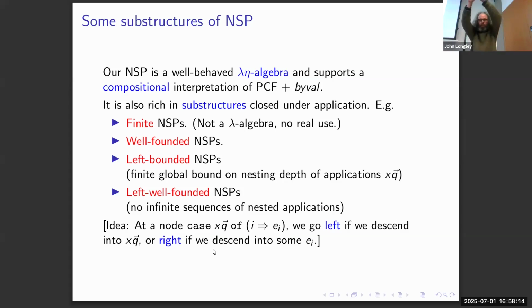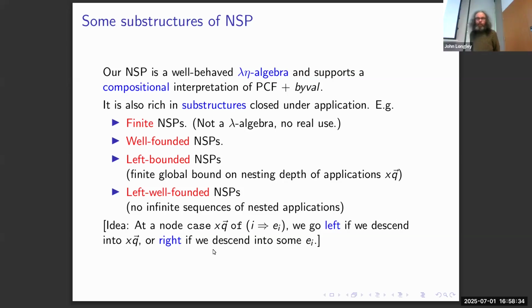So think about one of these NSPs as a tree, and we're interested in whether it has infinite paths from the root going downwards. Oh, I see. So you're saying that left-bounded means the Q's are all finite, but the EIs might be infinite. Yeah.